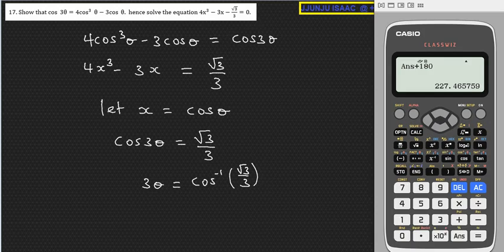So let us see what comes out. Root 3 over 3. This is 54.7.